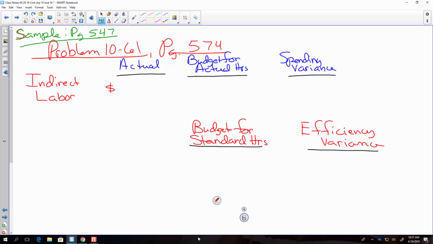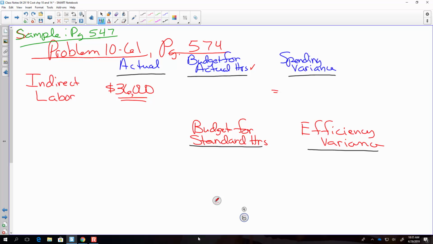I'm only going to do the indirect labor. The actual cost is $36,000. And we're going to compare that 36,000 to our budgeted level for the actual hours, and that should give us our spending variance. So this is just like our template.